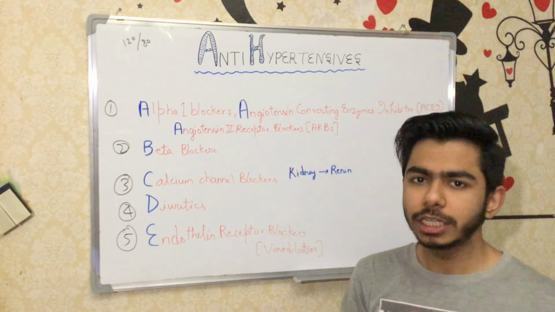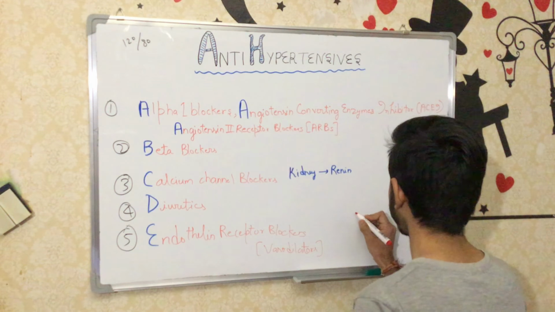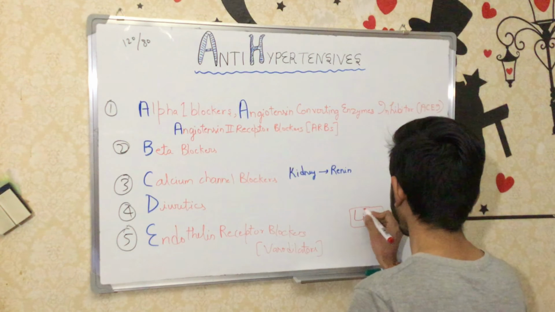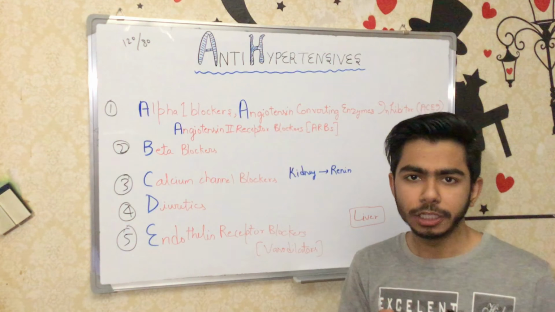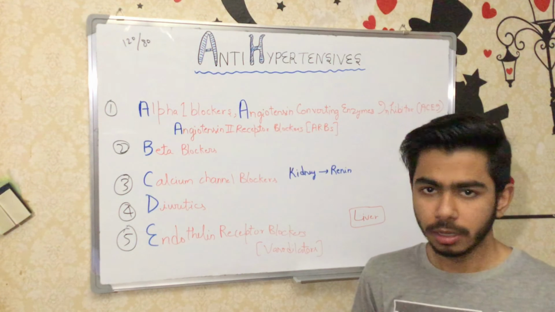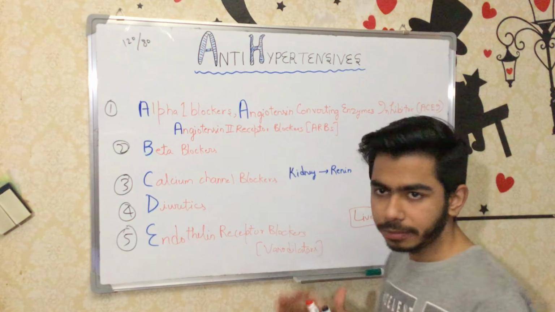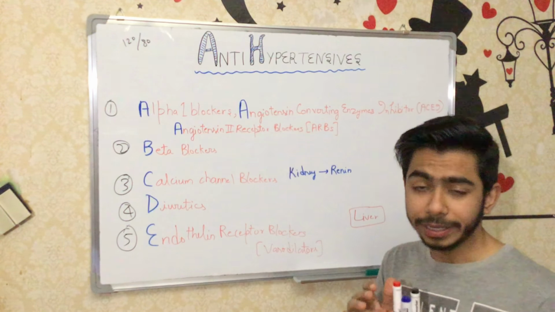That is the inactive enzyme actually. This is the beginning of the RAS system, the Renin-Angiotensin-Aldosterone System. So what happens? The kidney will produce the renin. Actually, the macula densa cells will produce the renin in order to increase blood pressure.